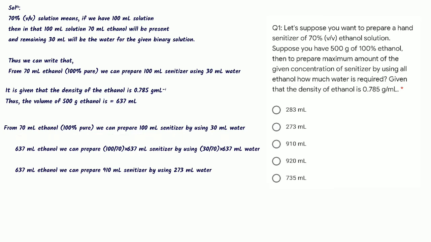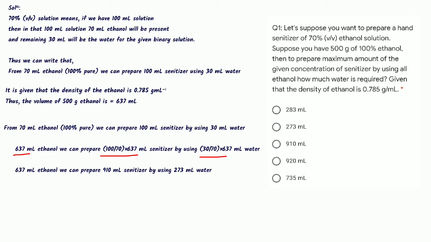So from the given 637 ml ethanol, we can prepare 100 by 70 into 637 ml sanitizer. This is the maximum amount of sanitizer which we can prepare from 637 ml of ethanol, by using 30 by 70 into 637 ml water.